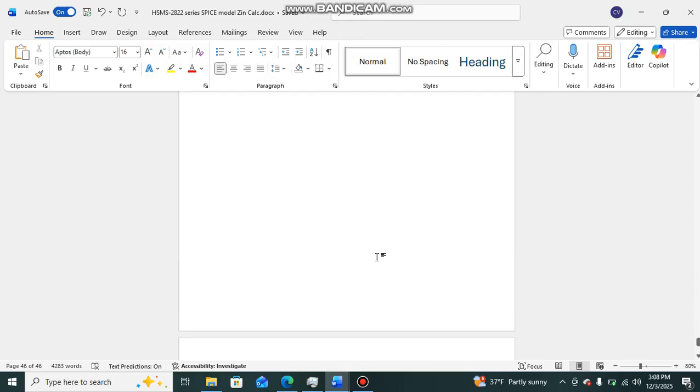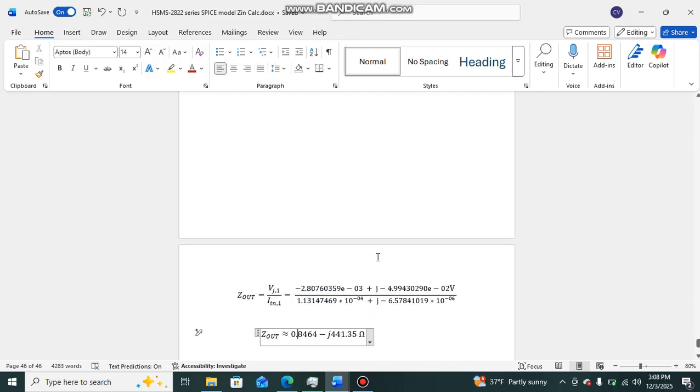And you could do the output impedance too, because we know what VJ1 is, and we know what IN1 is, which would give you the output impedance right here.